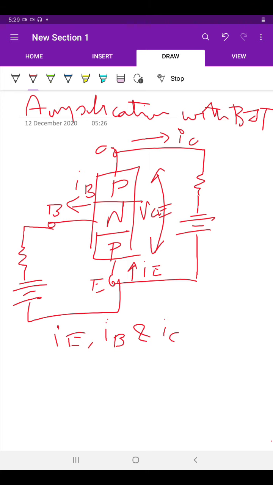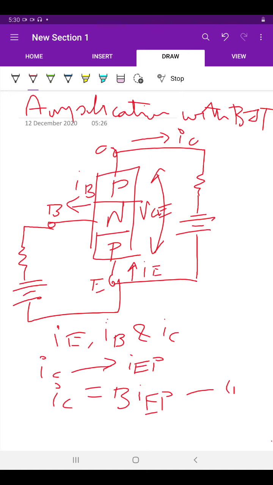In this case, IC is proportional to the hole component of the emitter current, which is IEP. So the equation is IC is equal to B into IEP.